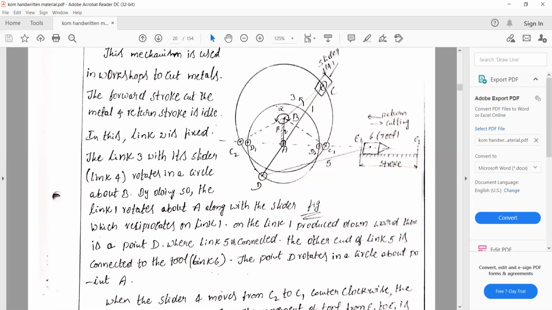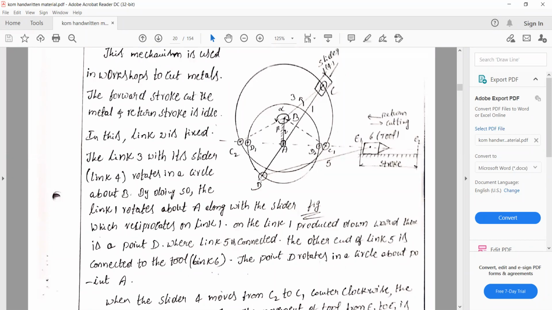In this diagram, which is acting as the crank, which as the connecting rod, and which as the fixed link? All of you observe. AB is the fixed link, BC is the crank, and CD is the connecting rod.